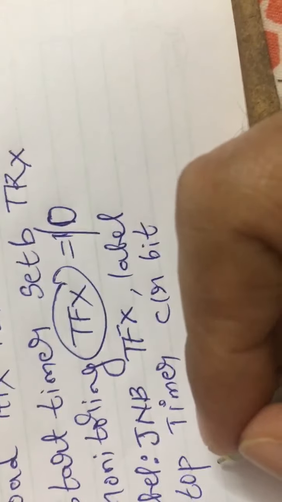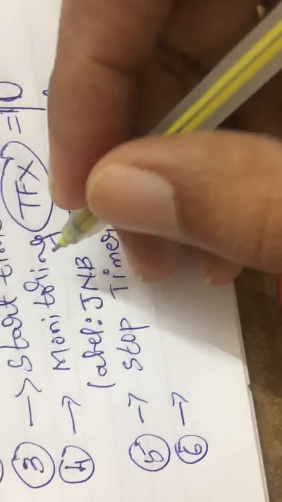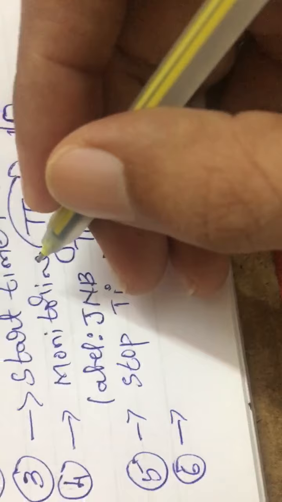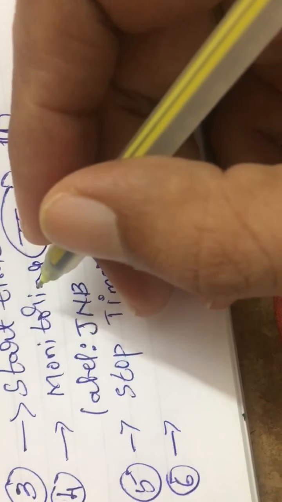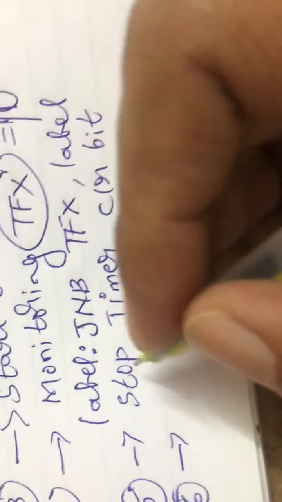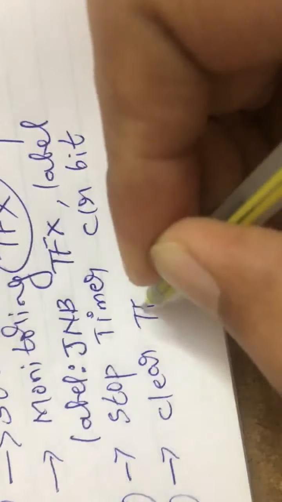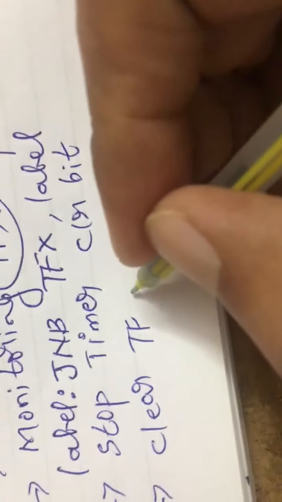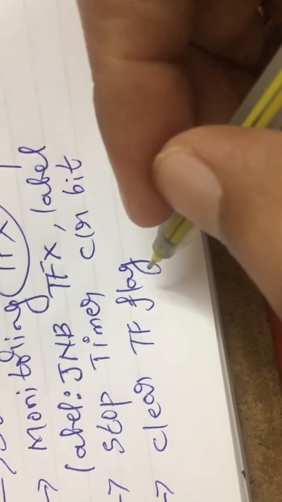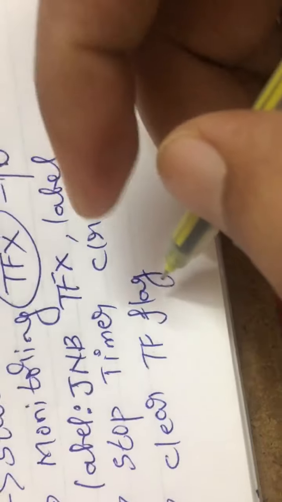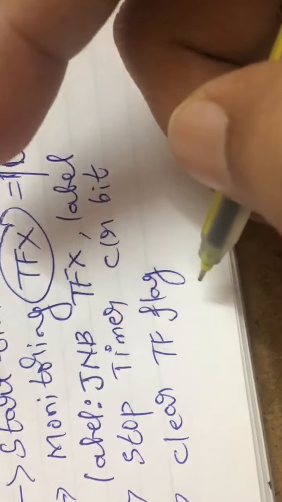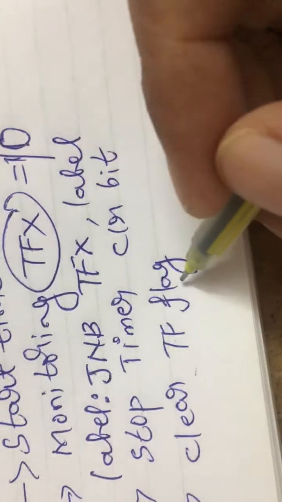In the sixth step, what is to be done? If I want to reload, if I want to restart this particular mode 1 operation, we need to clear the TF flag, right? If I want to start the next round, we need to clear the value of TF.